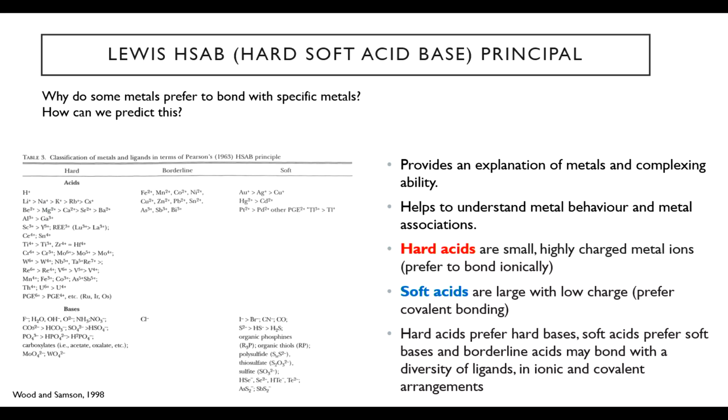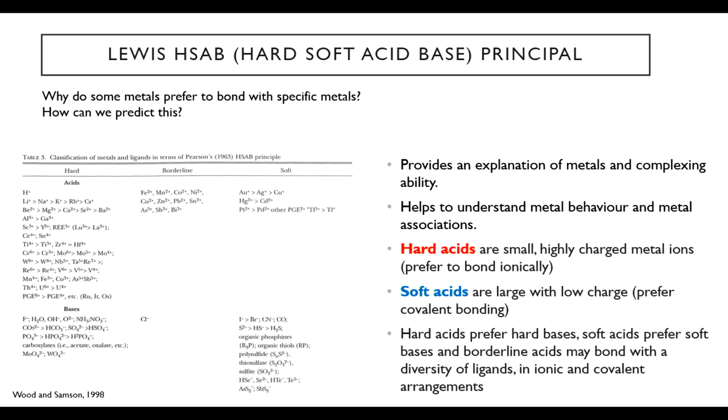So over here you have things like fluorine, water, hydroxyl, carbonate, phosphate, whereas over here we have bromine, carbon monoxide, sulfur, hydrogen sulfide. So we have these different associations.